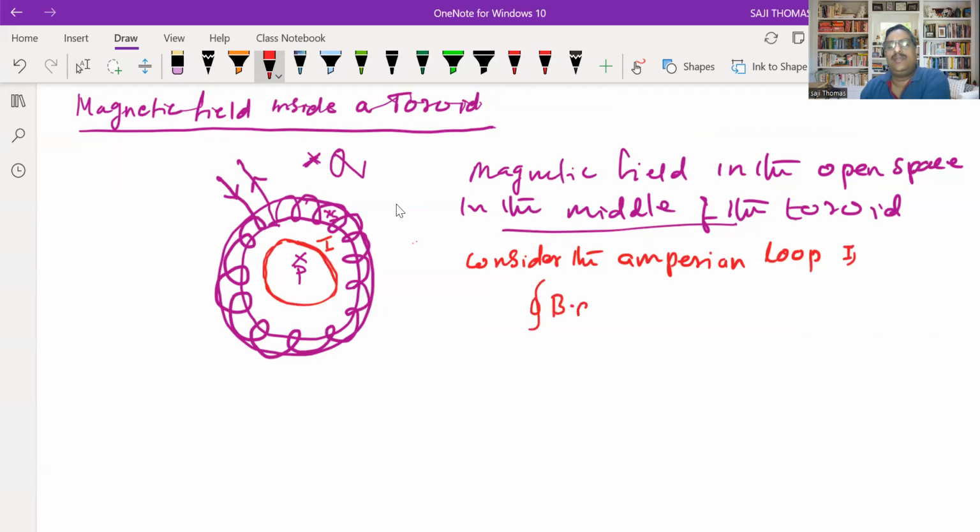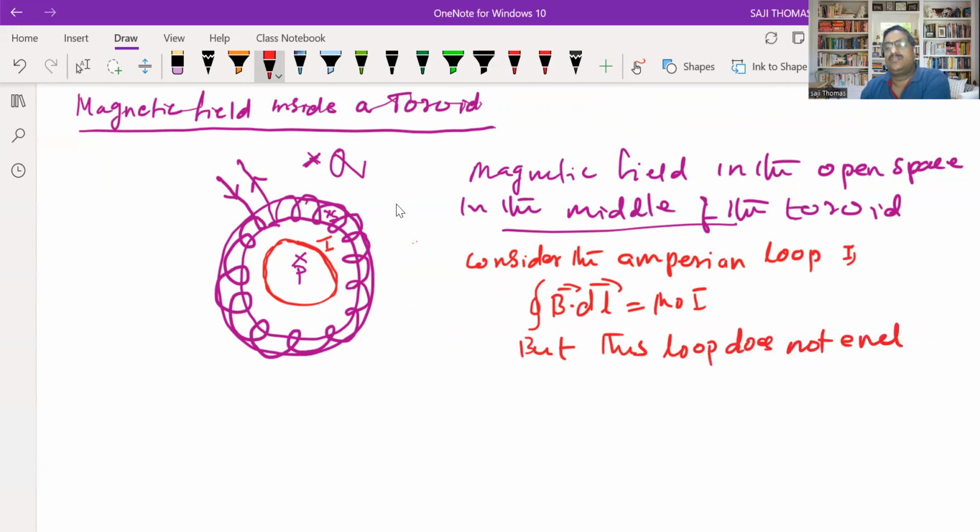Closed integral B dot dl is equal to mu 0 I. But this loop does not enclose any current. So the magnetic field is 0. So the magnetic field in the empty space enclosed by the toroid is 0.